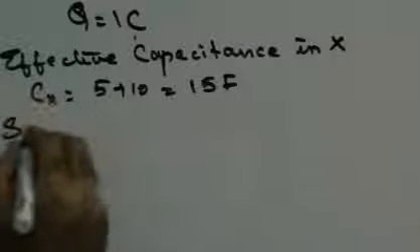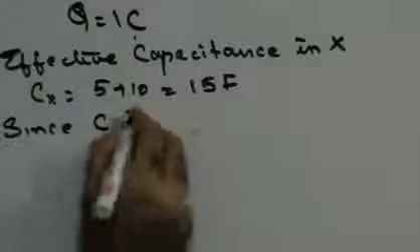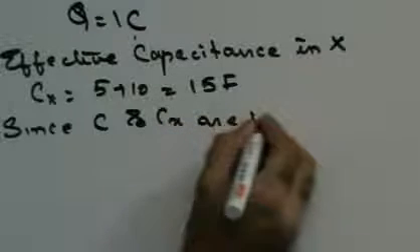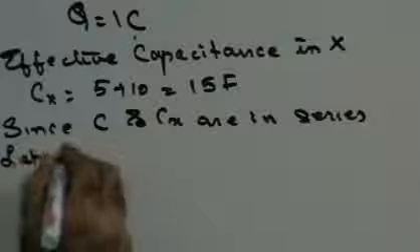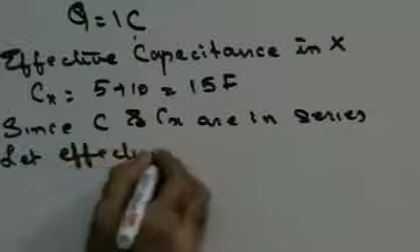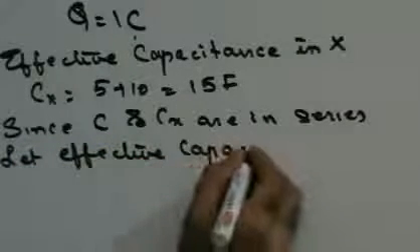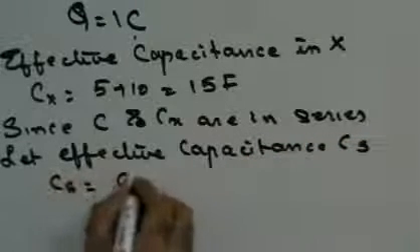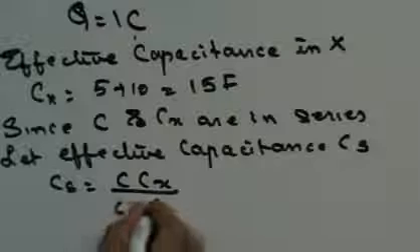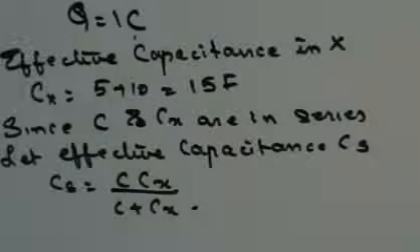Now, since C and Cx are in series, let effective capacitance equal Cs. Therefore, Cs will be C into Cx upon C plus Cx. Right?